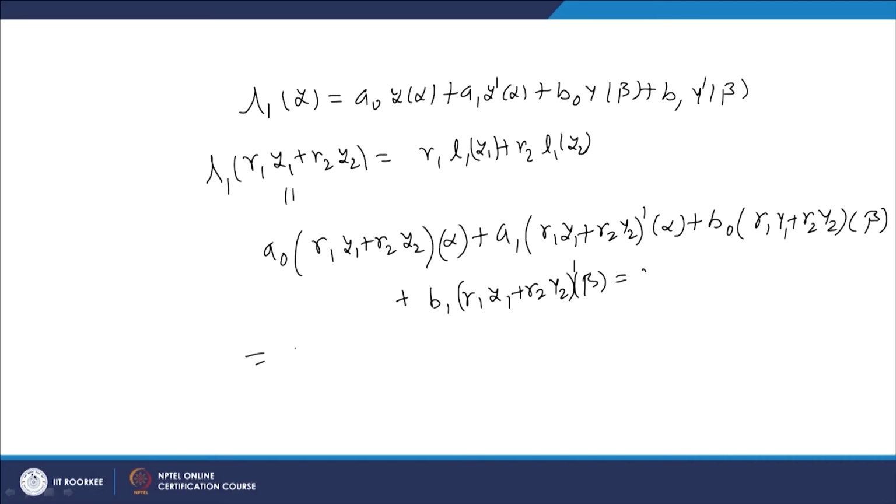So we can simplify and write R1, and here we have a0 y1(alpha), that you can easily check.